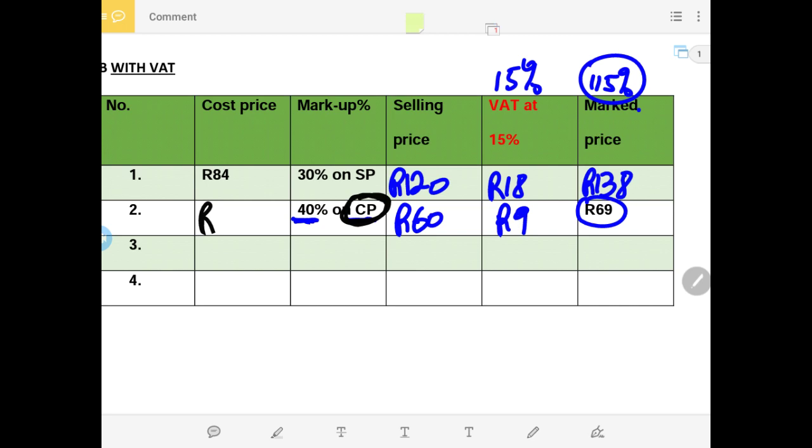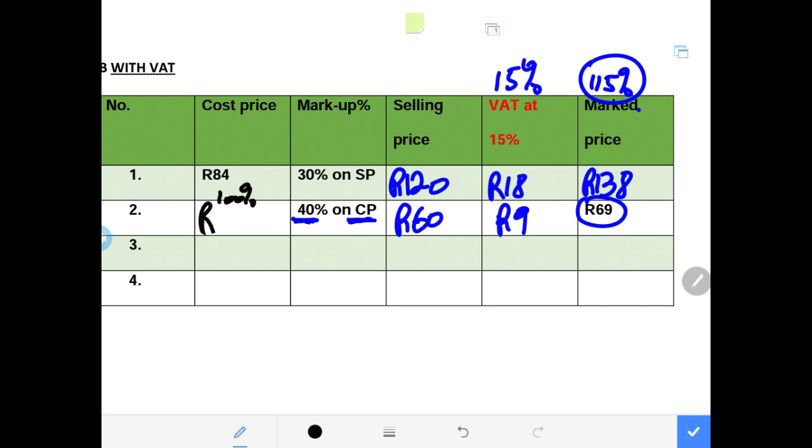Now we are therefore calculating our cost price. We know that our markup percentage is on cost price. And if our markup percentage is on cost price, therefore cost price is equal to 100%. So our selling price, remember, it would have been cost price plus 40%. So this 60 Rand is out of 140%.